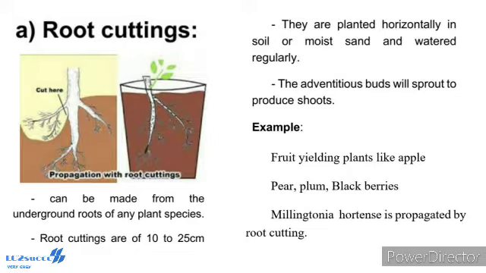They are planted horizontally in soil or moist sand and watered regularly. The buds will sprout to produce shoots. Fruit yielding plants like apple, pear, plum, and blackberries are propagated by this method. Millingtonia is propagated by root cutting.